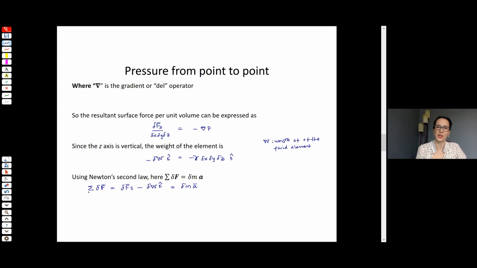Now, if we substitute in the expressions that we developed on the previous slides, we know that our surface forces can be written as the pressure gradient times the infinitesimal volume. So we can rewrite this as minus grad P times the infinitesimal volume, minus the weight in the K direction, is equal to rho delta X, delta Y, delta Z times a.